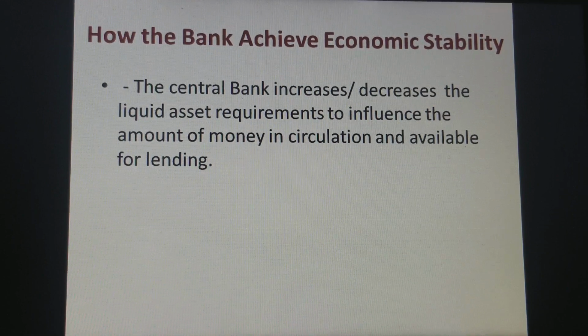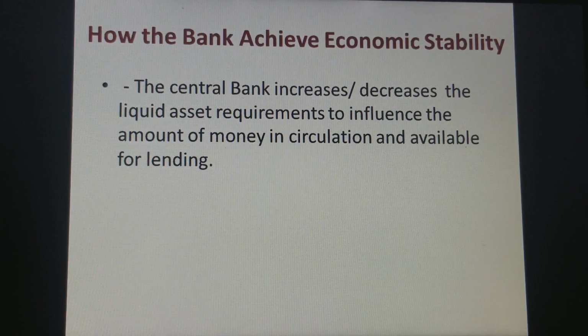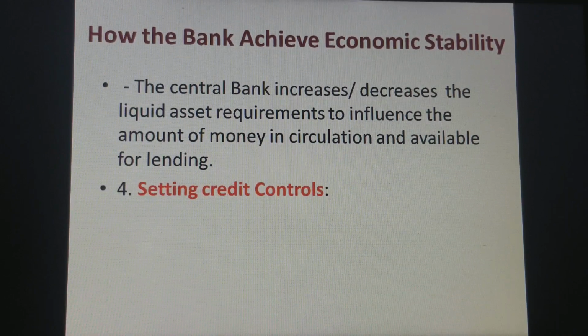So they use that liquid asset requirement. So they might ask the commercial banks to deposit more money, and to hold more of the monies that the commercial bank has, to influence circulation of money in the economy and the lending rate as well.